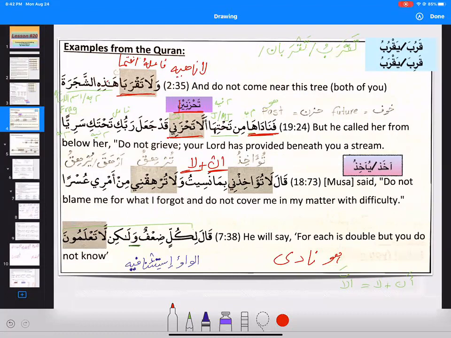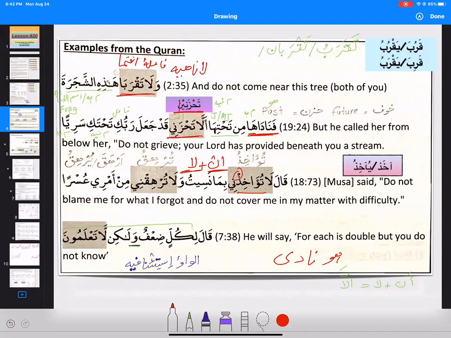Then we have la tu'akhizna. So again, this is telling me that this is our anta. La tu'akhizna. So you do not blame us or hold us accountable. Bima nasina, if we forget.